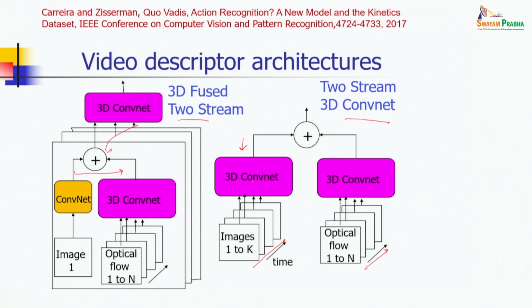So instead of simple 2D convolution descriptors, you consider the whole video and get its descriptor, and concatenate it with K by N descriptors from this 3D convolution. These are another kind of video descriptors that you can get.